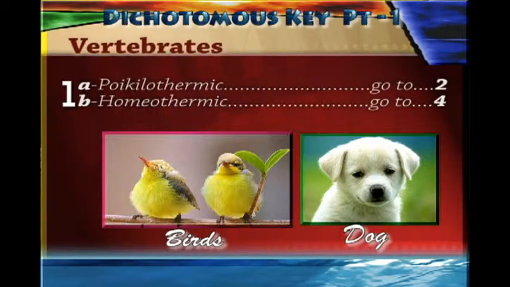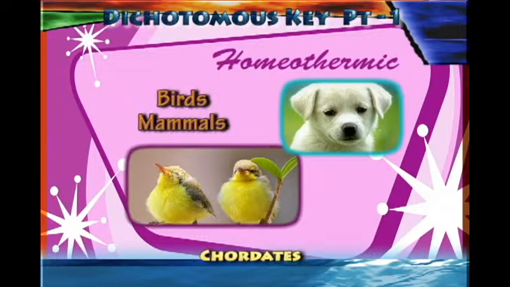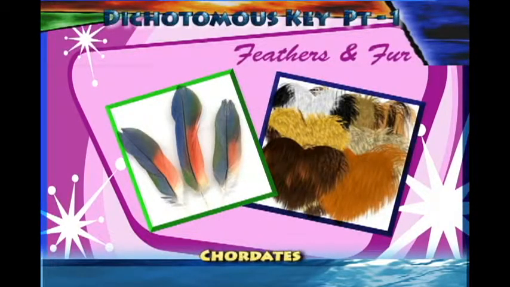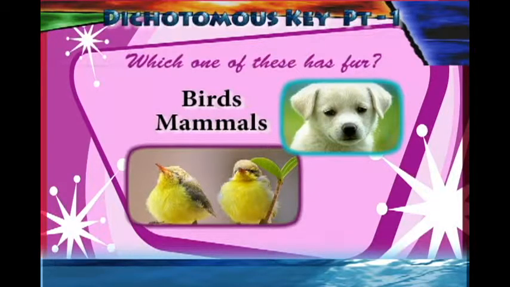So now we come to number 4 and bring the homoiothermic organisms, which include the class of birds and the class of mammals. Now this time we are going to use the feathers and the fur. The question will be which of the following has feathers, and then another question will be which of the following has fur.